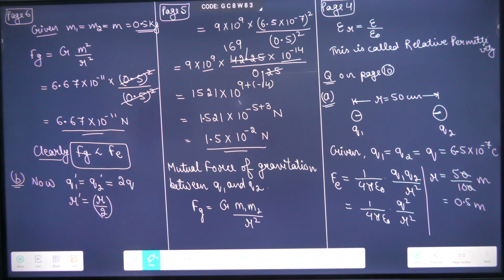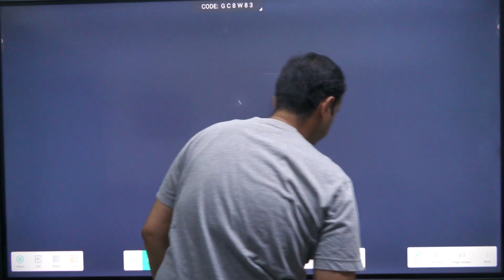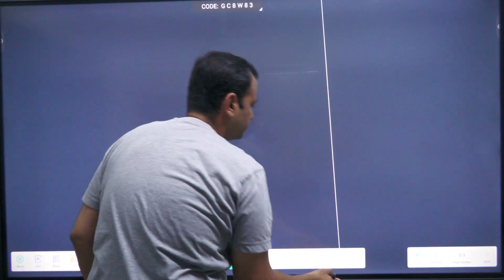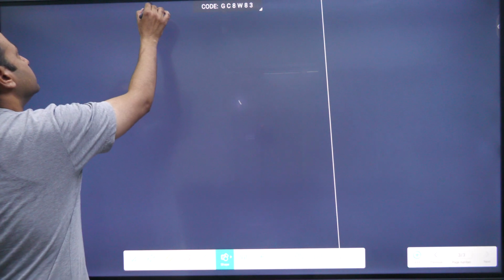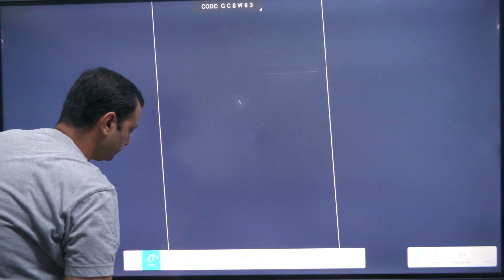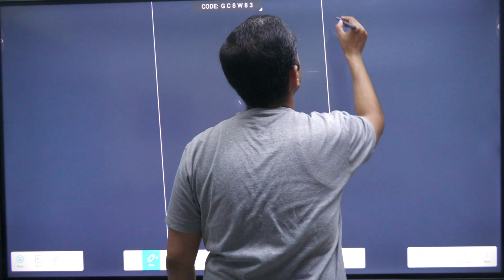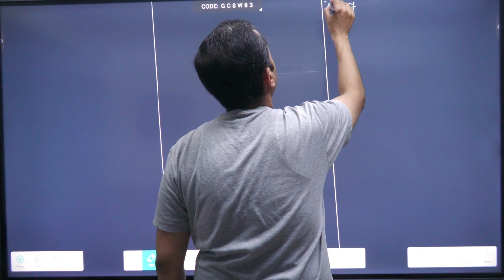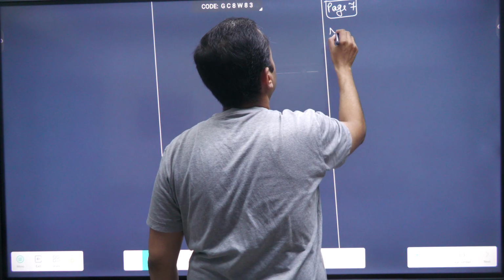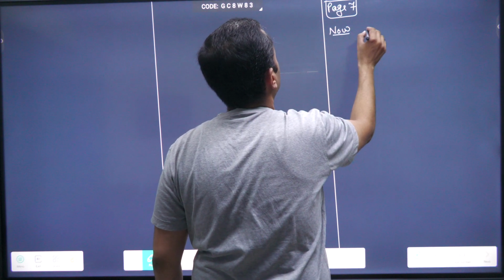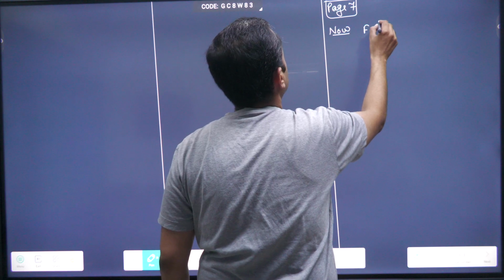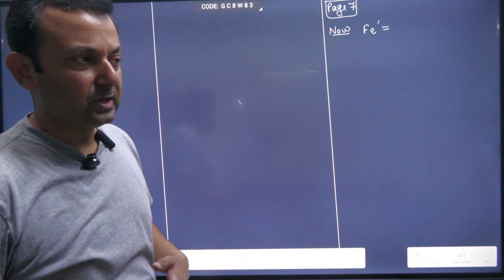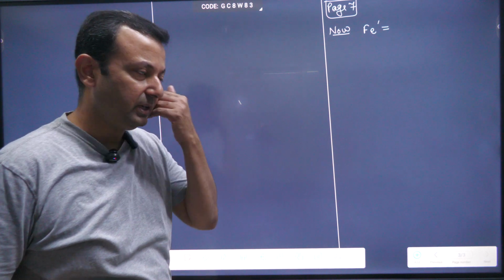Now, this is the new electrostatic force, so we have written Fe dash.